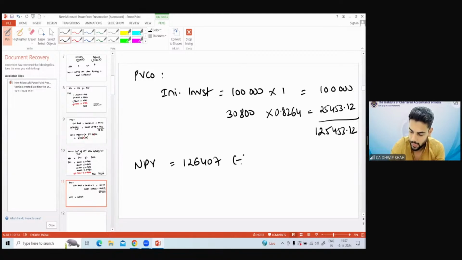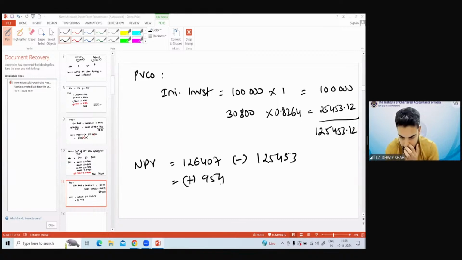So NPV in that case is 126,407 minus 125,453, which is 954, positive. What is 54,000?